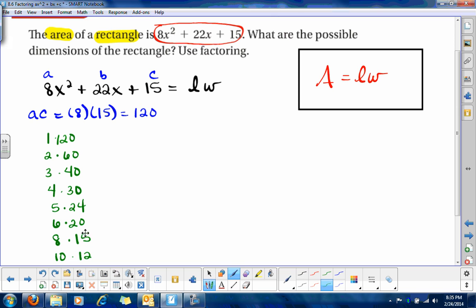So there are the factors that we need to look at to see what can we add to get 22.